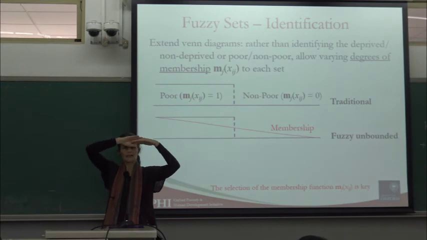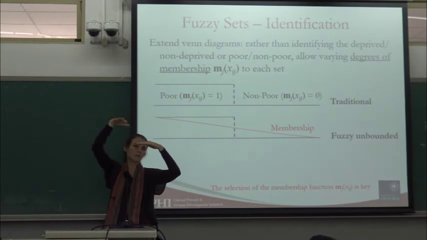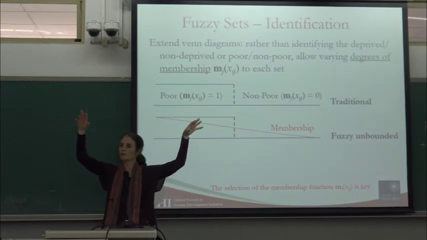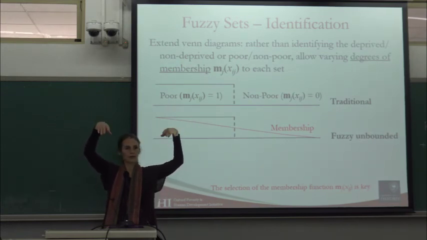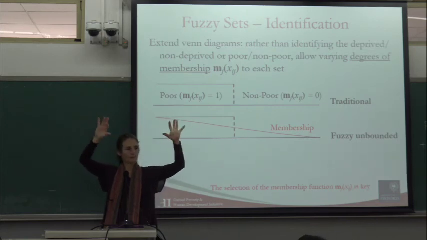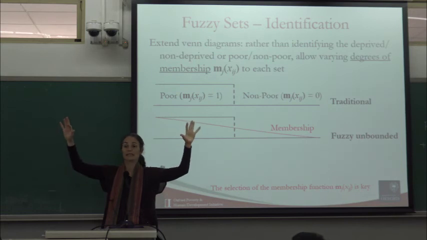Let's say we know that everybody whose income is $1 or less is poor. And we know that everybody whose income is $5 or more is non-poor. But in this band, we're not quite sure if they're poor or non-poor. So we are going to make a fuzzy functional form about the probability that they are poor.